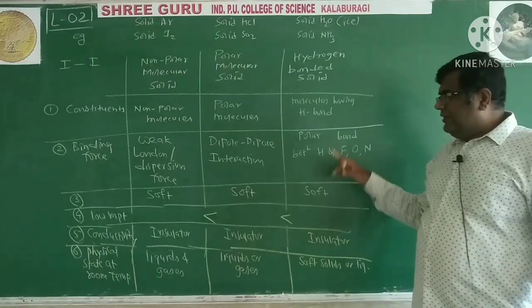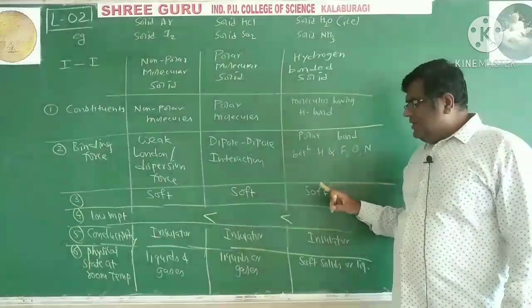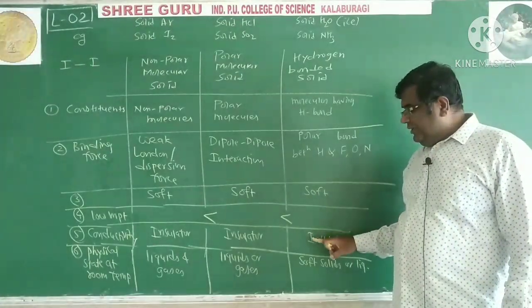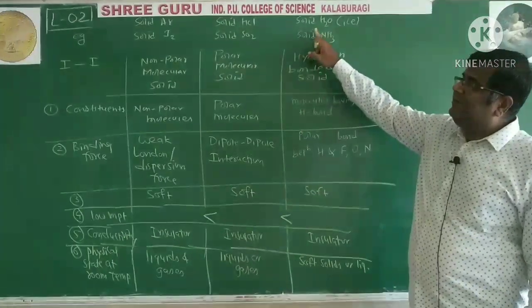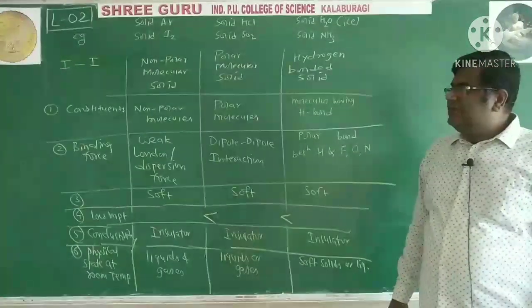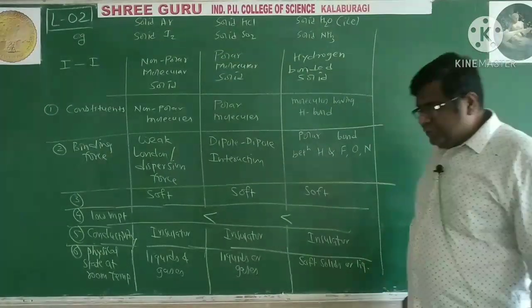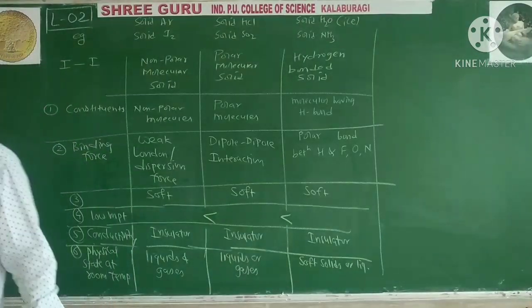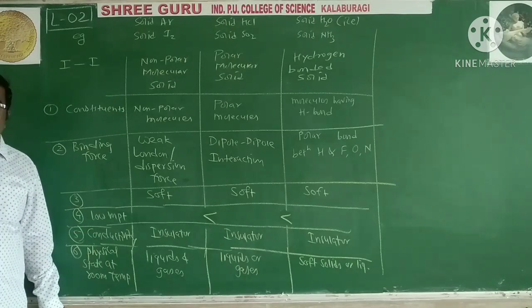So what are the constituents? What is binding force? Whether they are soft or hard, melting point, conductivity, physical state at room temperature, and the example. So this is a very simple description, you can go through it, try to understand. The words which we are using here are already known to us.